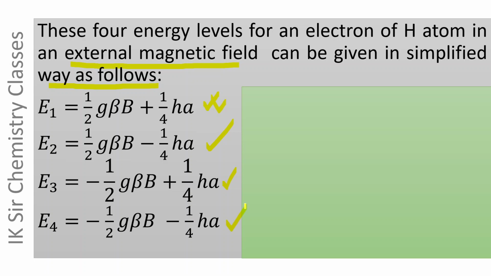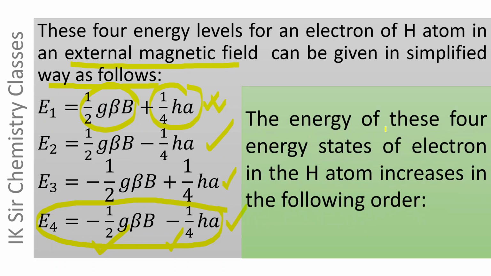It is obvious that E4 has minimum value, both terms are negative, while E1 has the highest value because both the terms are positive. The energy of these four energy states of electron in hydrogen atom in magnetic field increases in the following order.